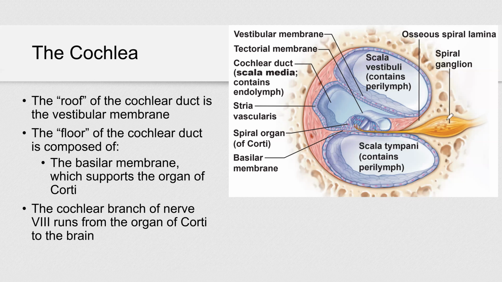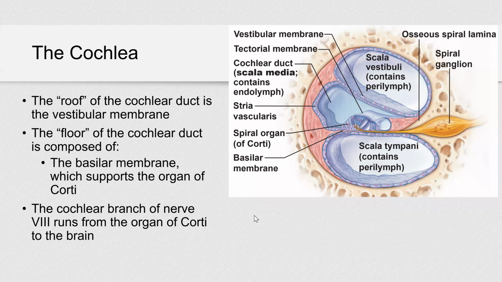That's nerve number 8, as I already told you, the vestibulocochlear nerve, but that's the cochlear branch. It runs from the organ of Corti to the brain to carry this hearing sensation to your brain.